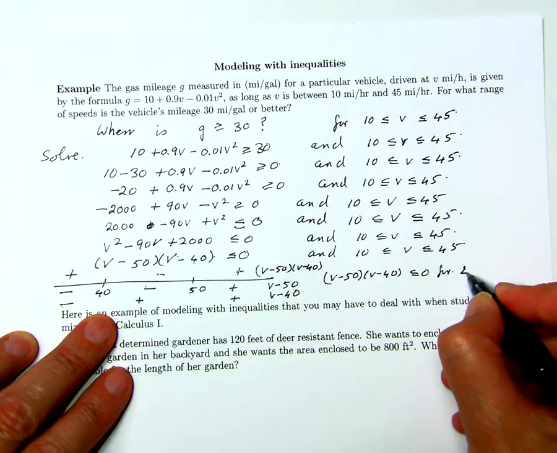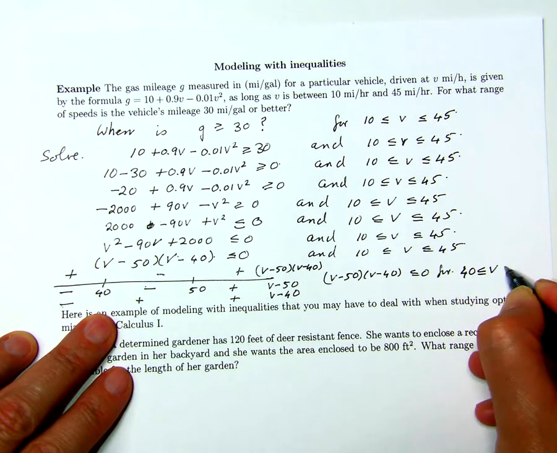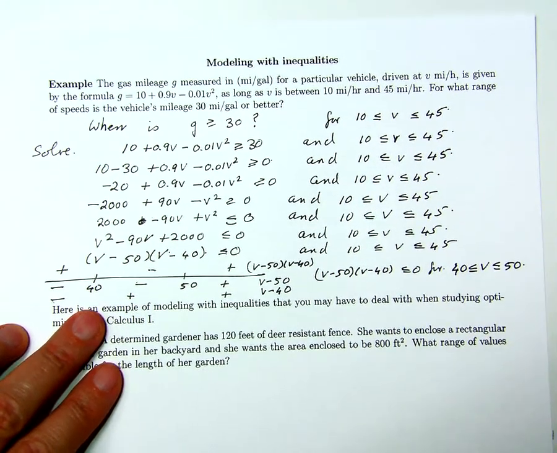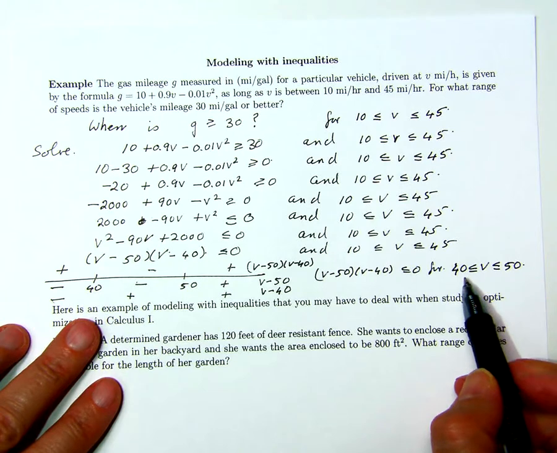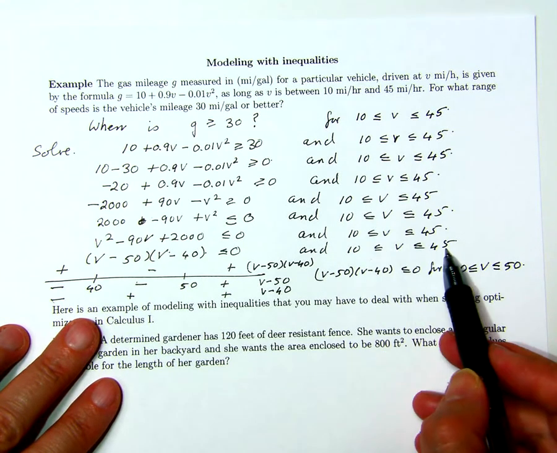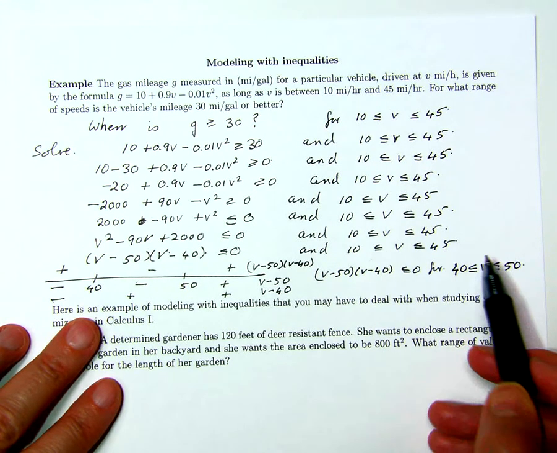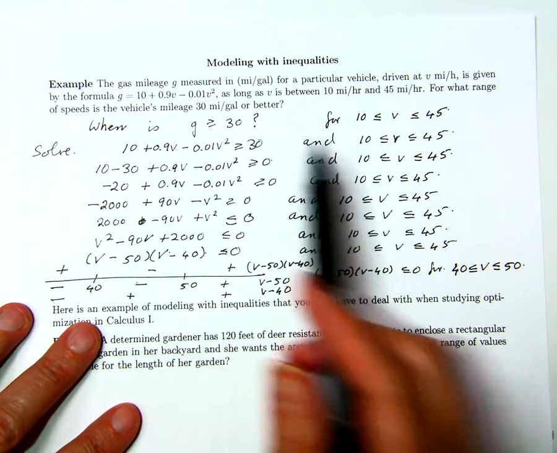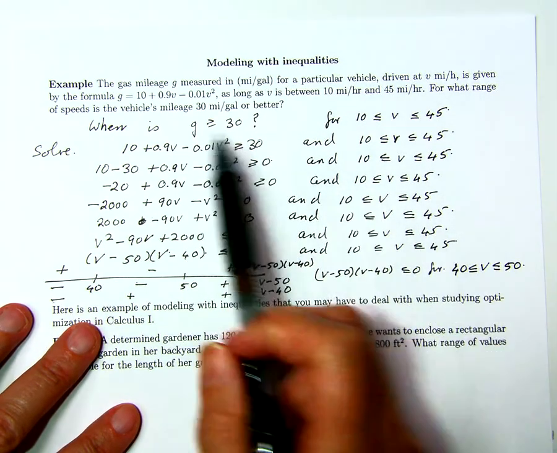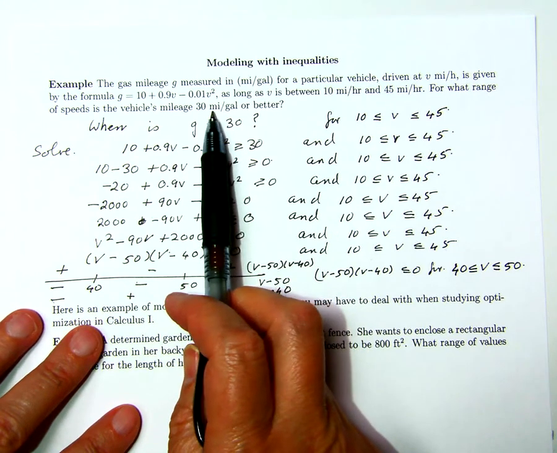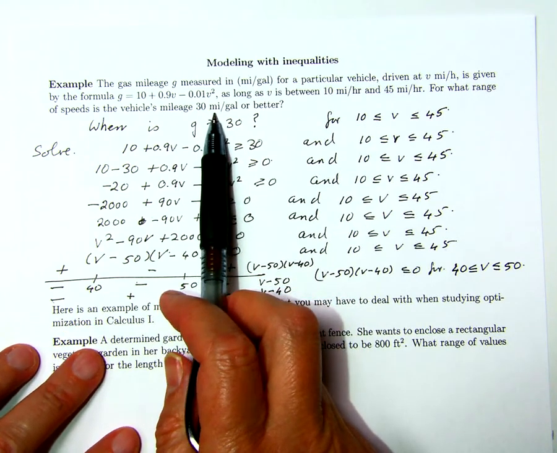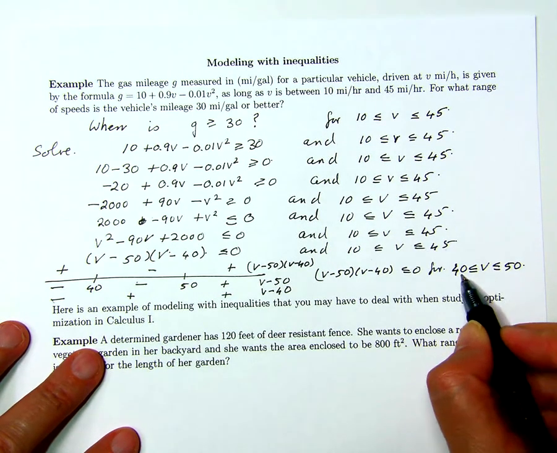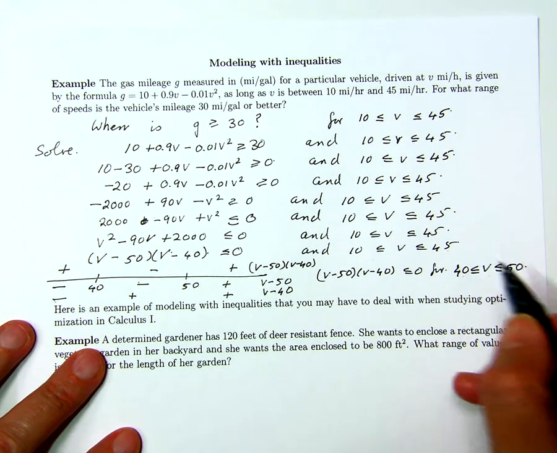So it's true for speeds between 40 and 50, and I'm looking for speeds that are also between 10 and 45. So the solution is the range of speeds for which this vehicle gives a mileage of 30 miles per gallon or better is for V between 40 and 45.